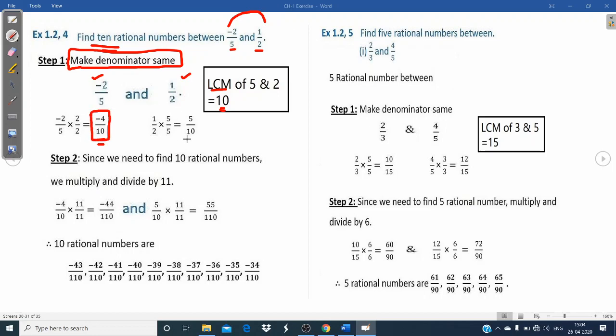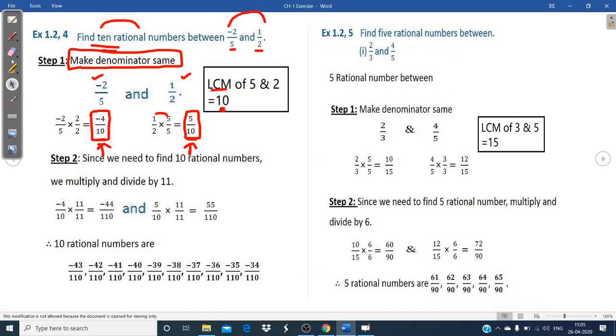Similarly here the LCM is 10. 2 fives are 10, and we multiply 5 by 1, so your second number changes to 5/10. Now your numbers are -4/10 and 5/10. Our denominators are now the same; both have 10 in the denominator. Now since the denominators are 10 and we have to find how many rational numbers? 10 rational numbers.